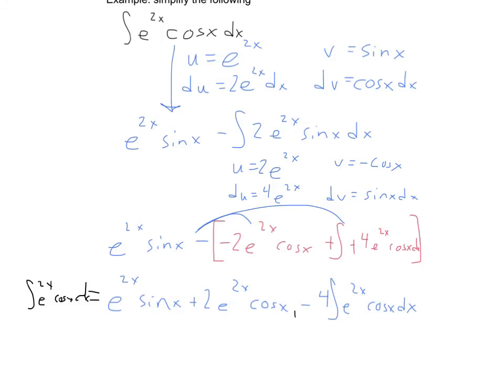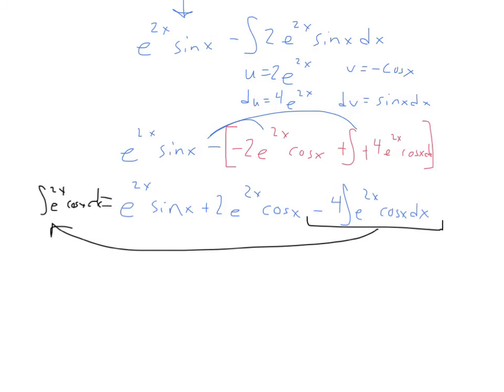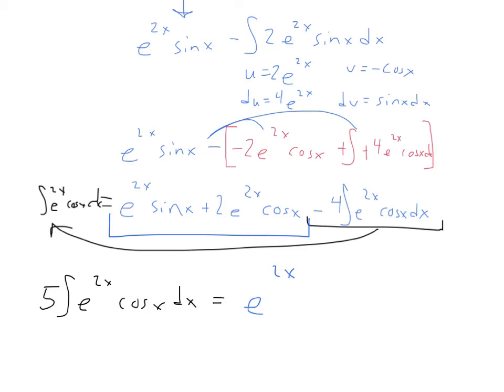I can now take this integral, the negative 4 of them, and add them over. When I add them over, what I end up with is 5 of those integrals equals what? Basically equal to the stuff here that wasn't a part of that integral. So equals e to the 2x sine x plus 2e to the 2x cosine x.